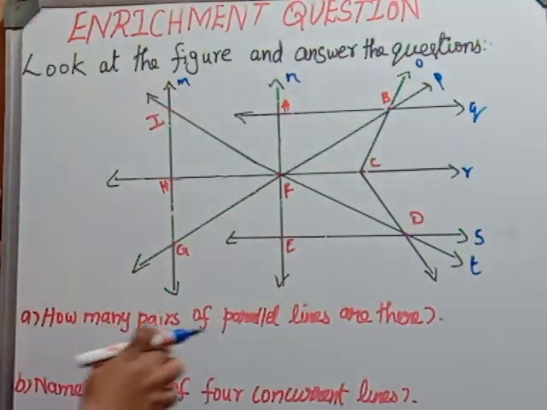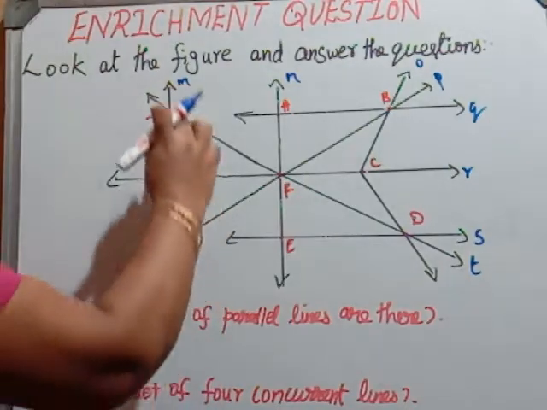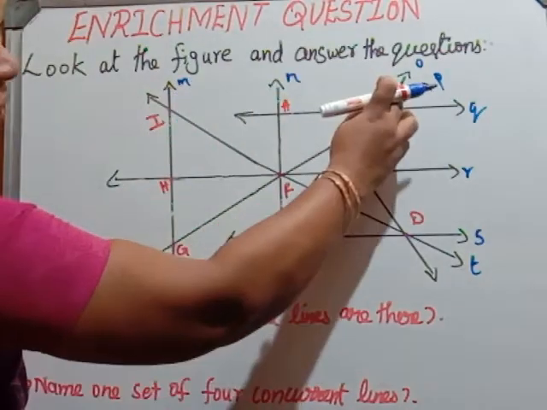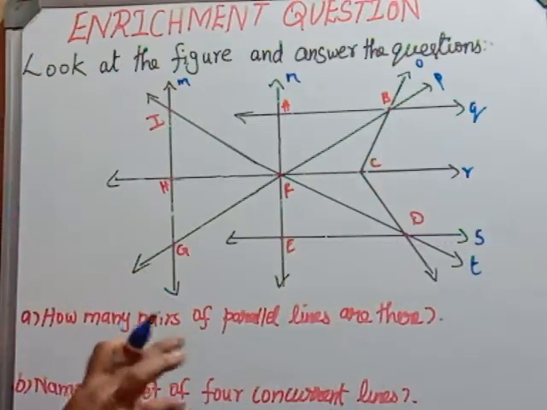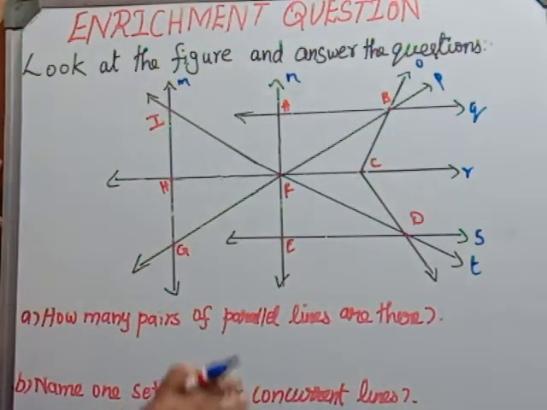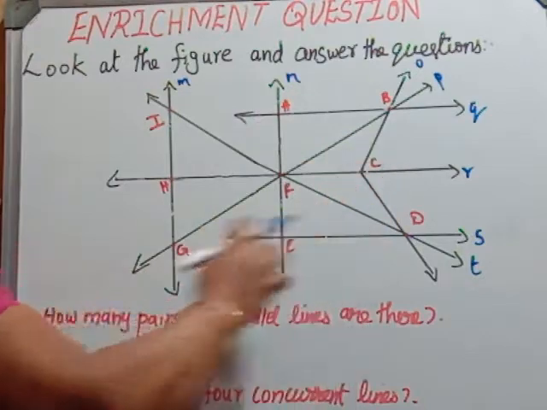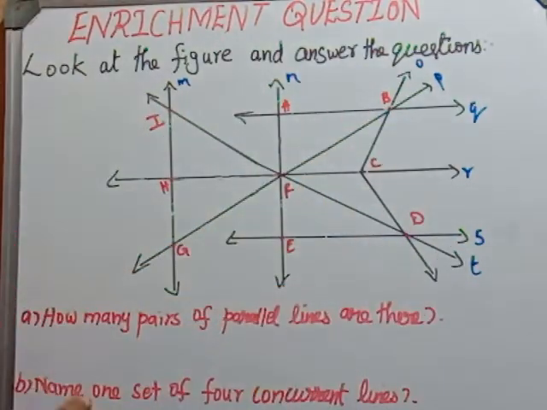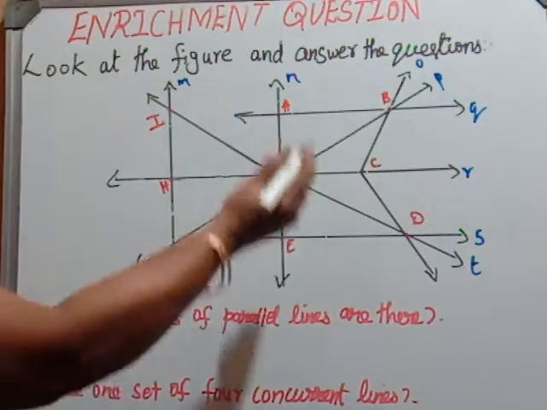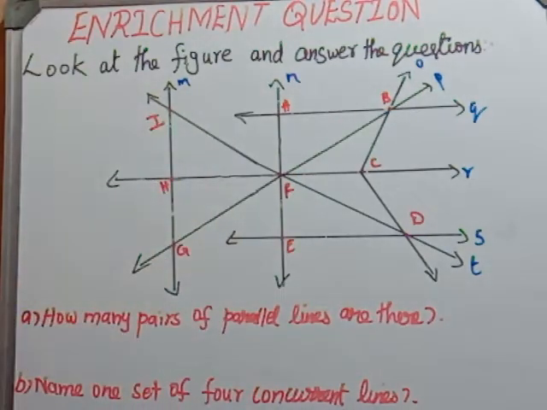According to that, we are going to answer the following questions. Understand, children? Here lines M, N, O, P, Q, R, S, T. These names are not in your textbook. They have given only the points, capital letters. But we are writing small letters for the lines. With the help of that, we are going to solve the answers.